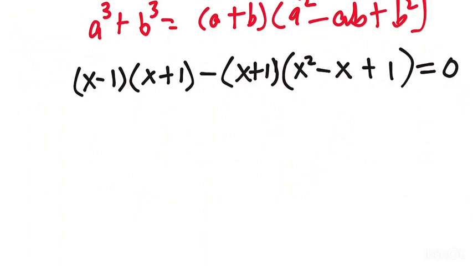Alright, so from there, the next thing we're going to do is see that there's something common. We have x plus 1 here and we have x plus 1 here. So therefore, we're going to factorize x plus 1 out.